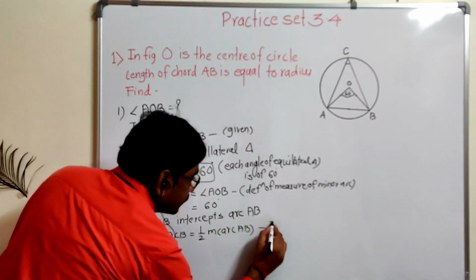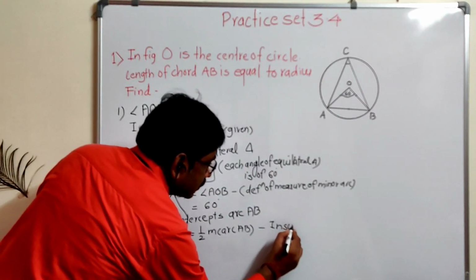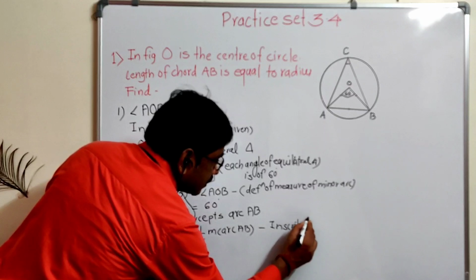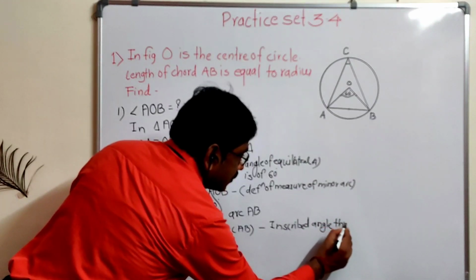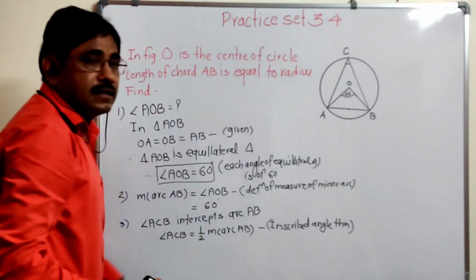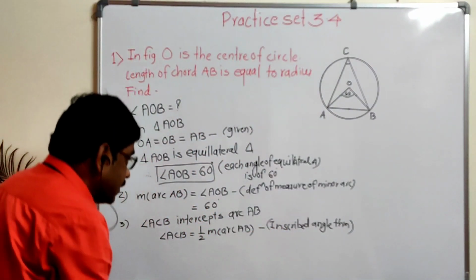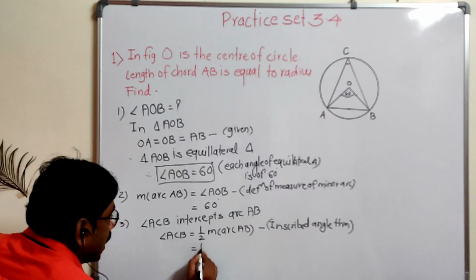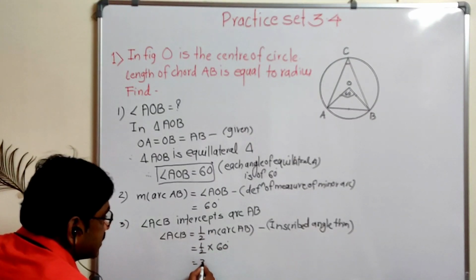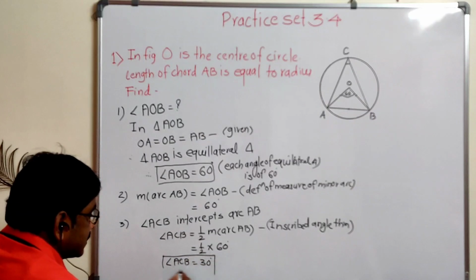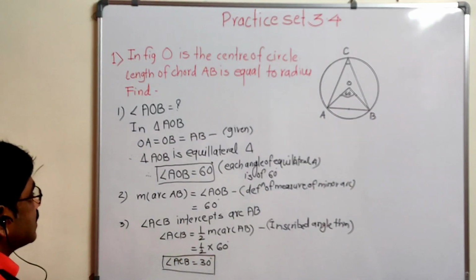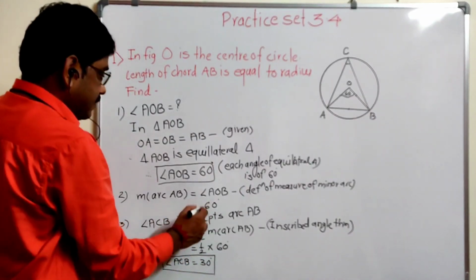Here the reason is the inscribed angle theorem. Now substitute the value: half multiplied by arc AB, which is 60, therefore it is 30 degree. So angle ACB equals 30 degree. This is the third answer.